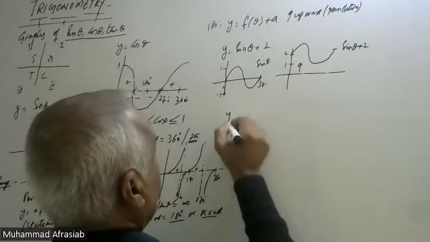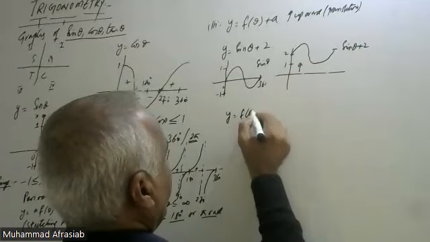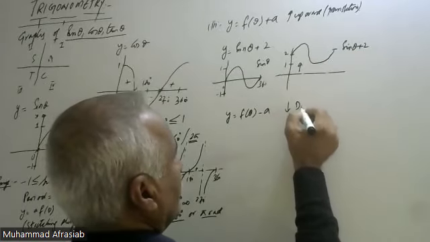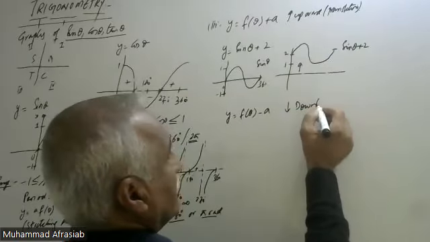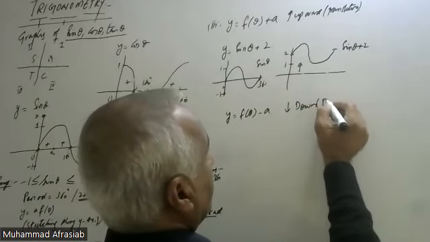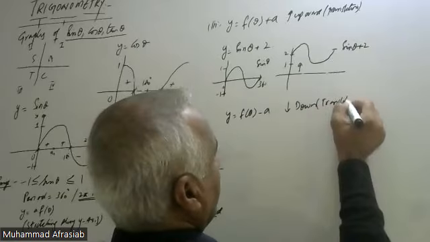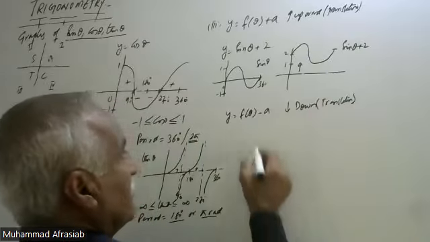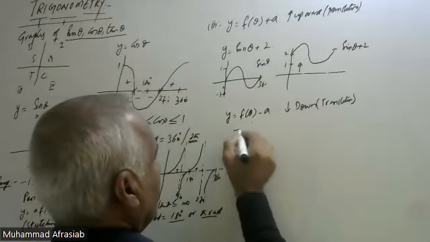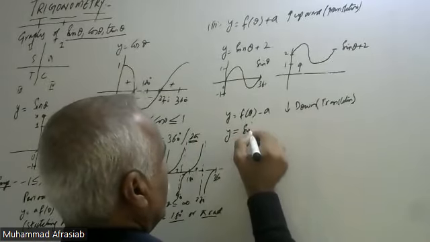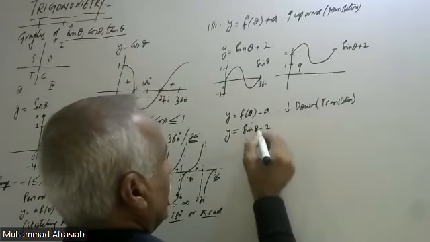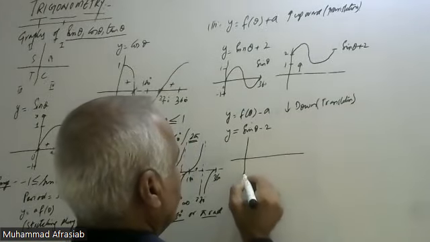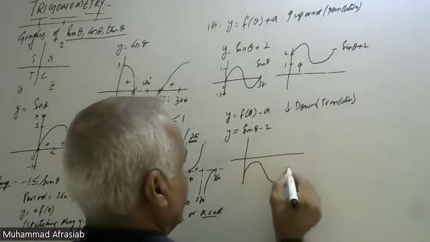And when y is equal to f of theta minus a, then it is downward translation on the y-axis here. So, for example, y is equal to sine of theta minus 2, then the graph will be like this.